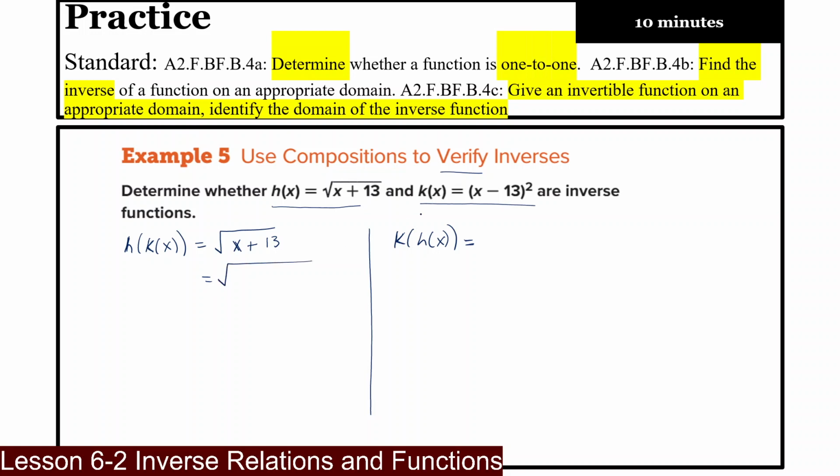Instead of x, I'm going to write k of x plus 13. Now let's replace the k of x first. Since I don't know how much space I need, I'm not going to put the square root sign. I'm first going to write my k of x. And k of x is x minus 13 squared plus 13, and then I'll put the square root sign.